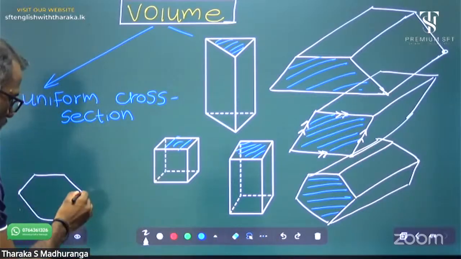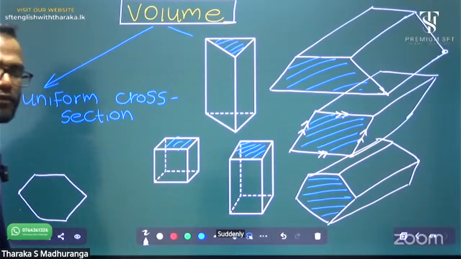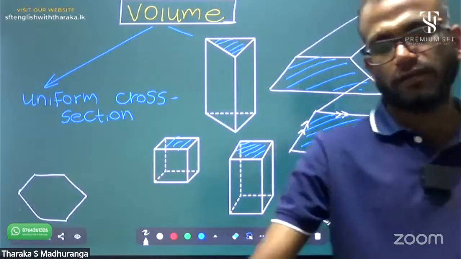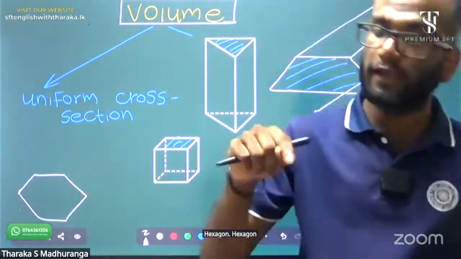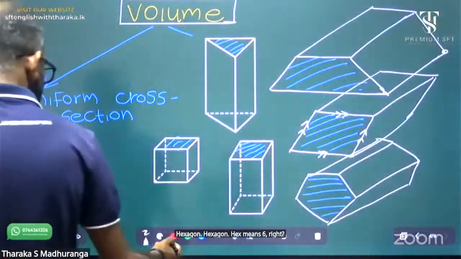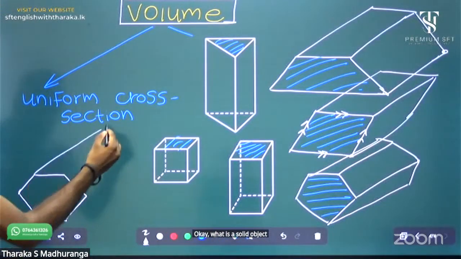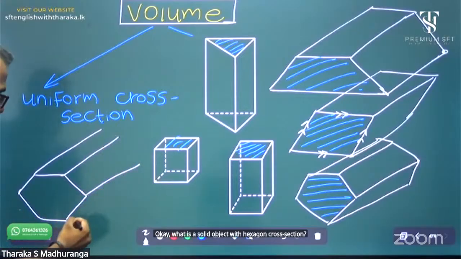What is this shape? Hexagon. Hex means 6, right? Okay, what is a solid object with a hexagon cross section? Like this.